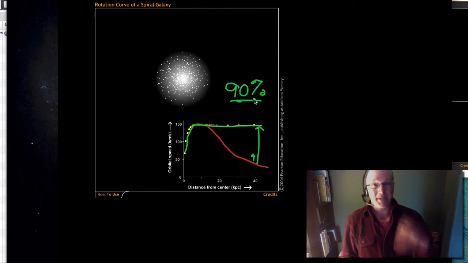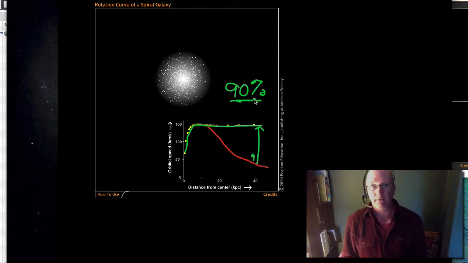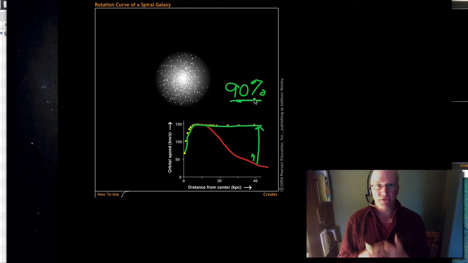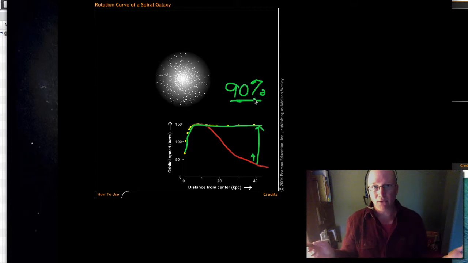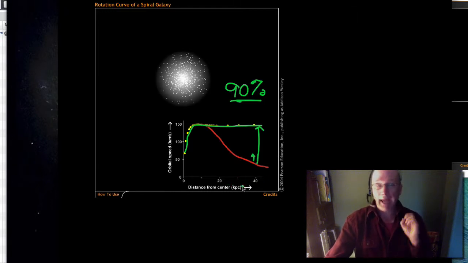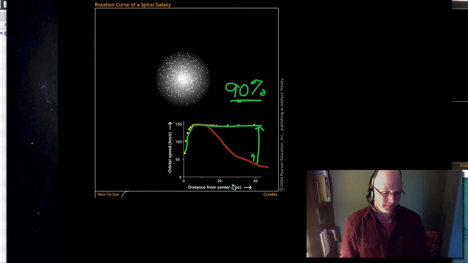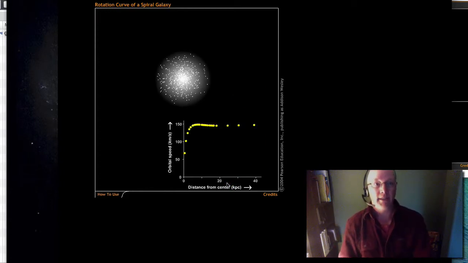In our solar system, 99.999% of the matter is in the sun. So even if the sun threw all of the planets out, that would not be enough to account for an additional 90% of the galaxy, right? So it's got to be something more exotic, something we've never seen before, and something that may not even interact with light at all, or at least very, very, very weakly. Okay, so this is the first piece of evidence that we have dark matter at all.